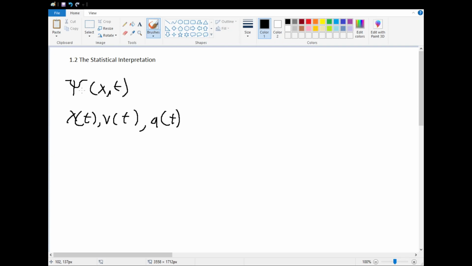Now, the first thing that I want to bring attention to is the name of psi. The name for this quantity is known as the wave function. And I hope that this immediately draws some red flags in your minds because of the fact that it is called a wave function.